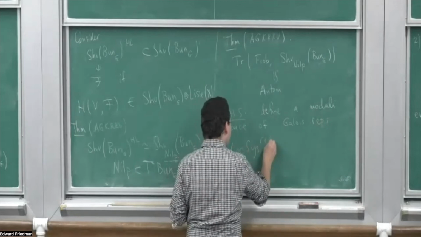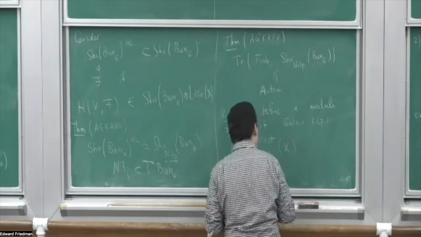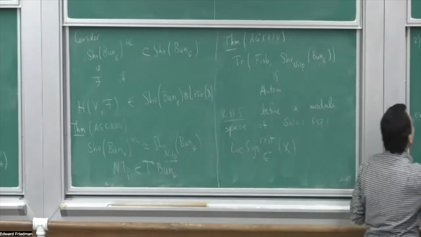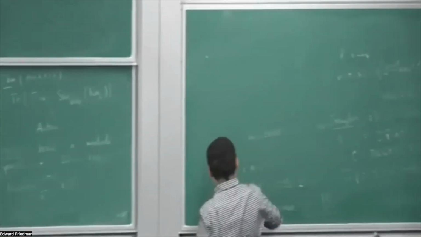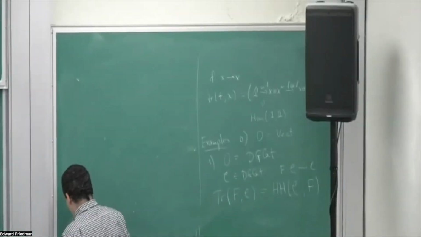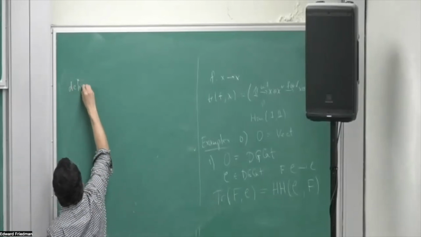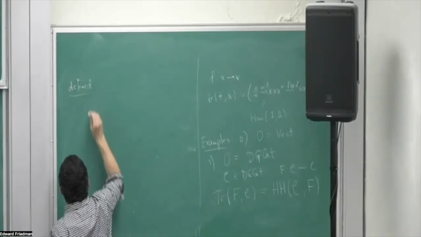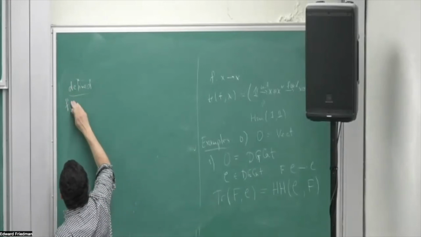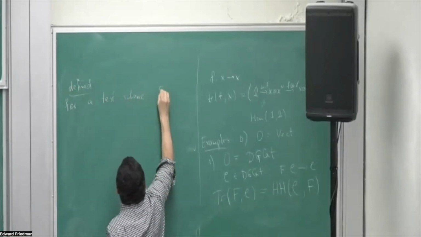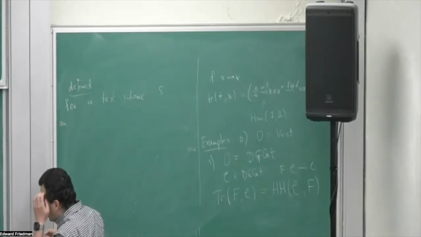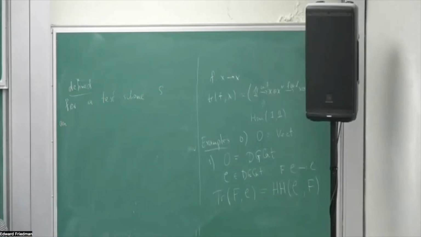This is what we call the restricted Langlands parameters on X. It is defined in terms of a functor of points, for a test scheme S. This has the structure of a derived stack.